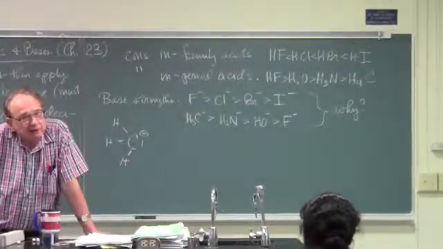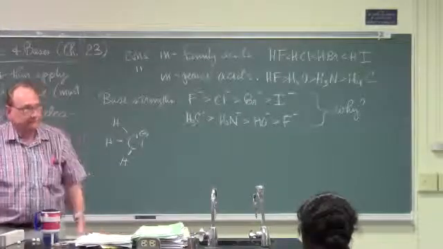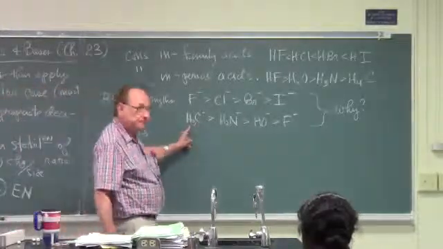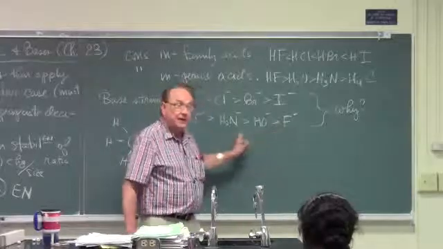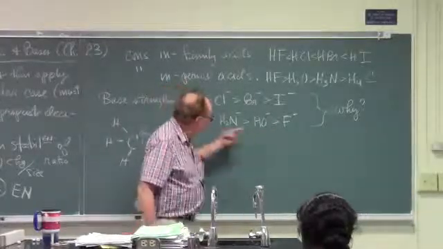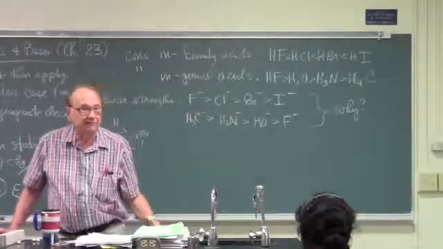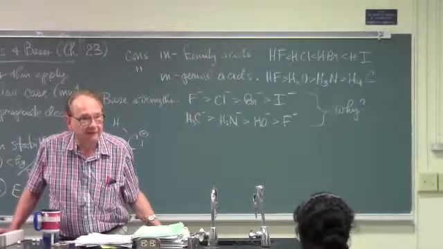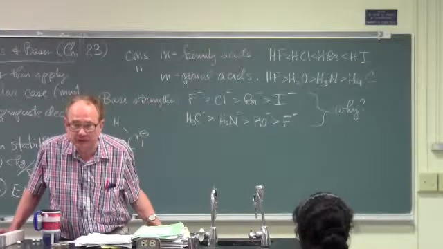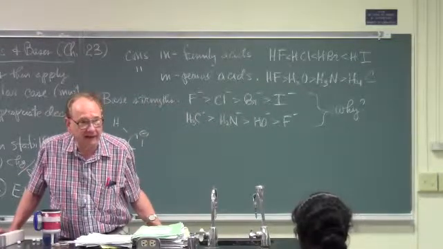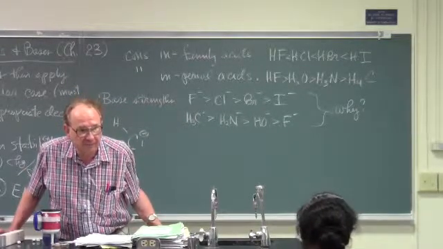So based on charge to size ratio, this is the largest of these anions. This is the smallest. Based on charge to size ratio, which of these would I expect to be the strongest base? H3C. Which one is smallest? Fluoride ion. And they're each -1.